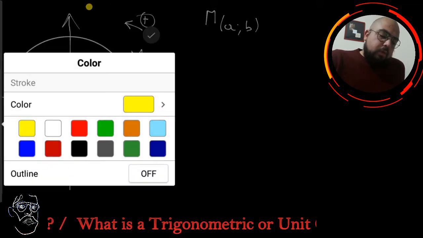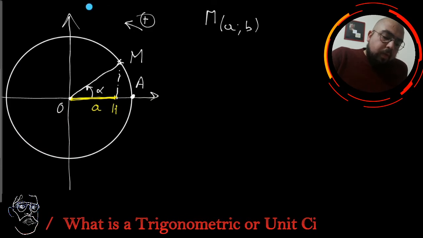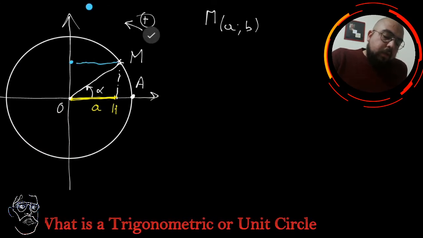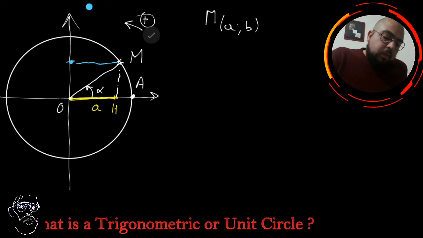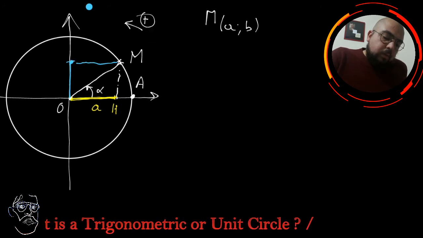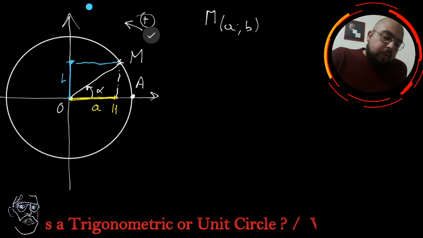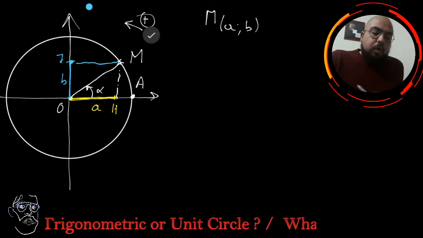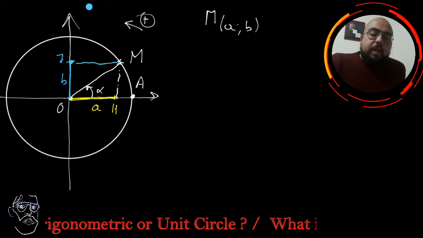As for the ordinate, you will have to check on the axis of ordinate. It will be this segment, which is B. I'm going to call this point J. So M is defined by its coordinates A and B.